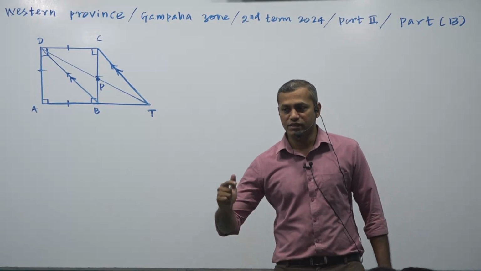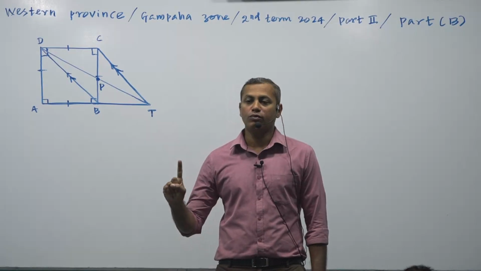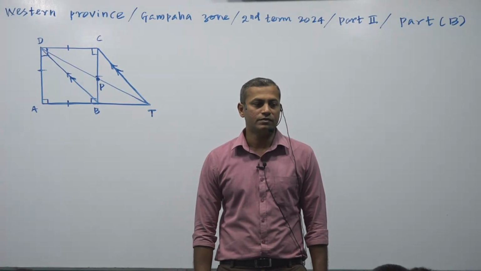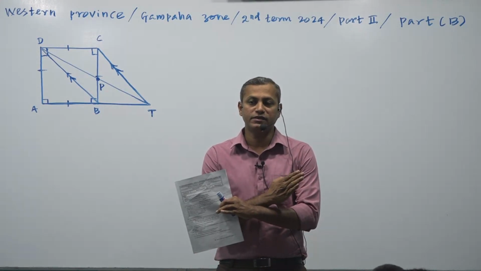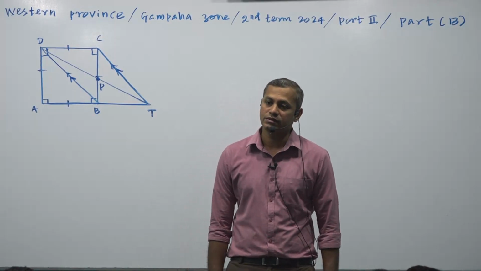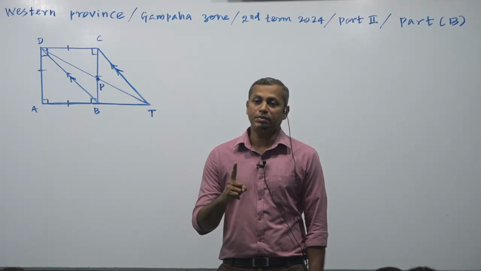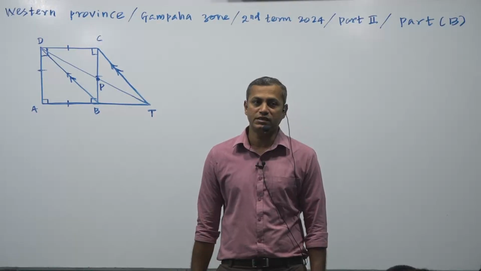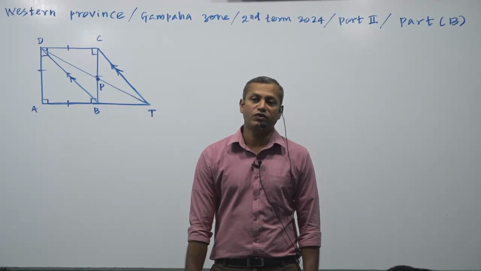If opposite sides are equal, it is a parallelogram. If opposite angles are equal, it is a parallelogram. If diagonals bisect each other, then it is a parallelogram. Or else one pair of opposite sides parallel and equal, then also we can say it's a parallelogram. But what is the definition for a parallelogram?